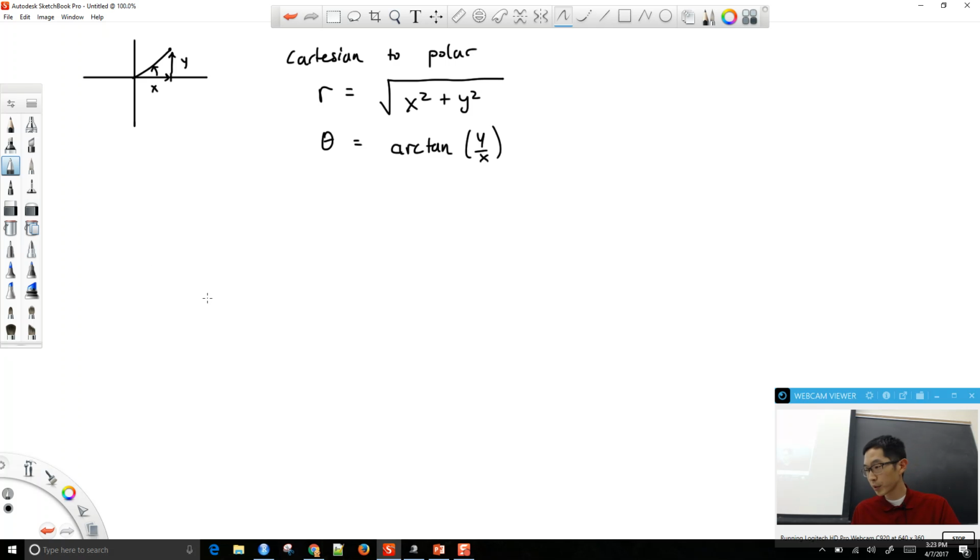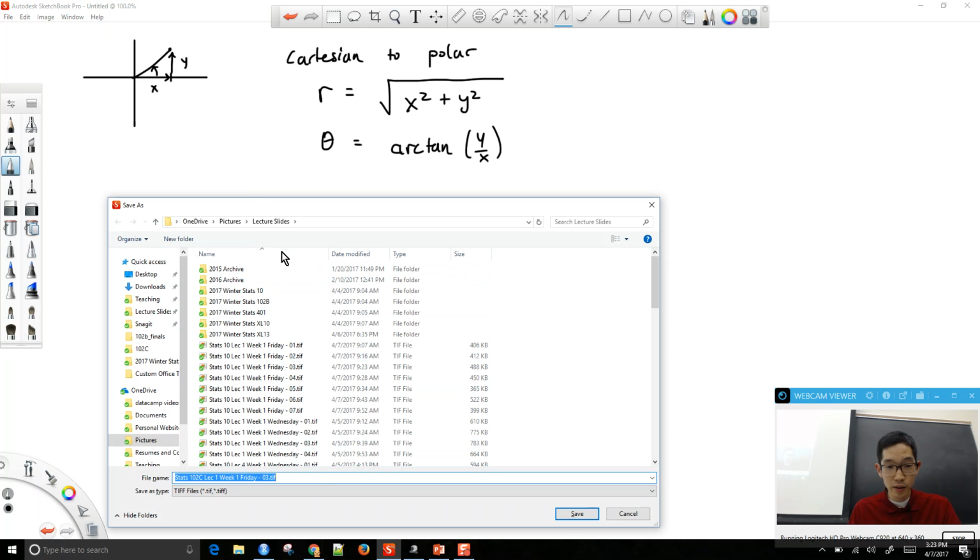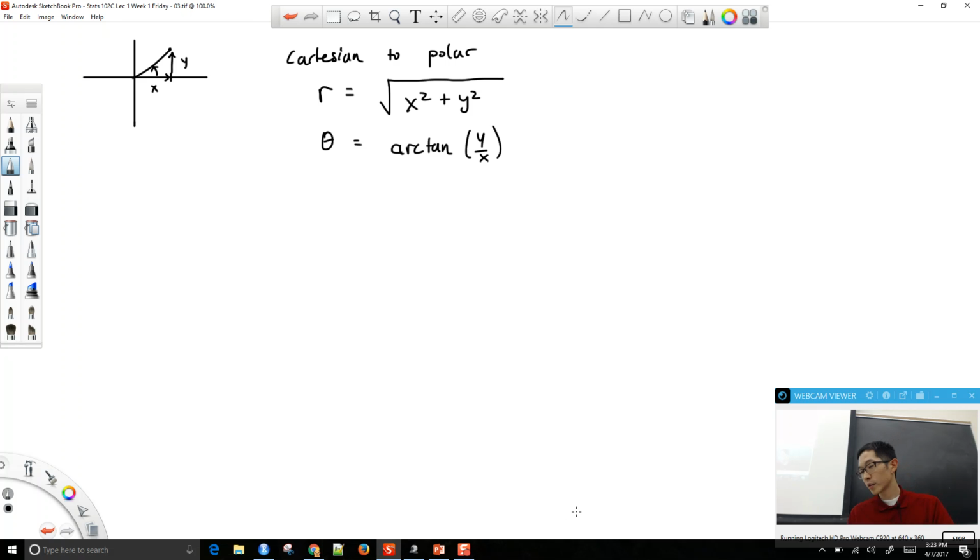Okay, and so we're going to deal in this scenario and say, we're going to pretend that x and y, so imagine x is normally distributed.